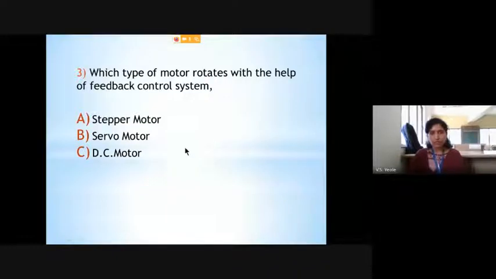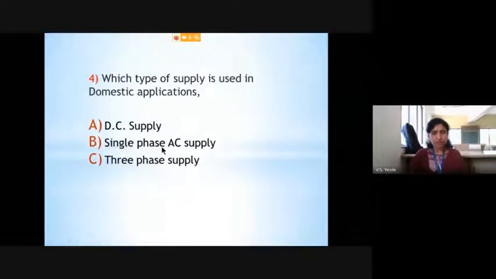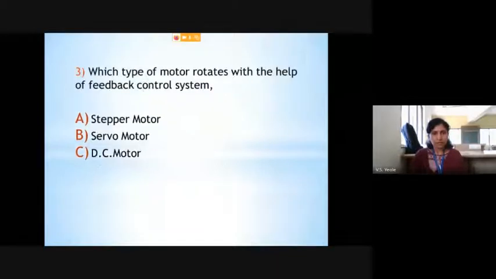Now the next question: which type of motor rotates with the help of a feedback control system? Right answer. So the servo motor rotates with the help of a feedback control system.